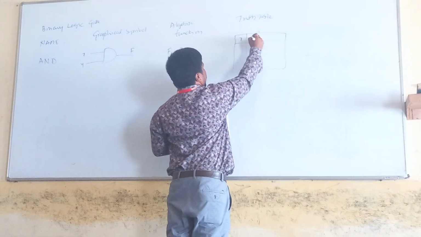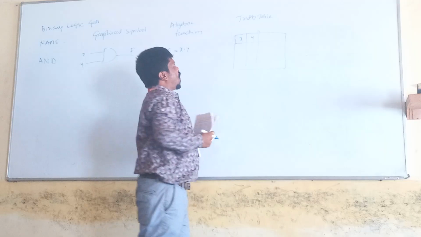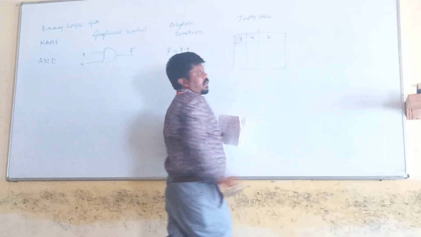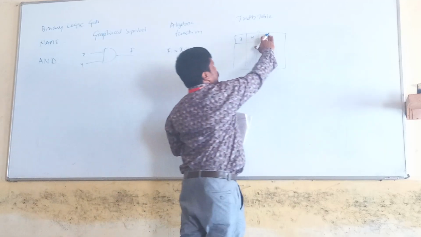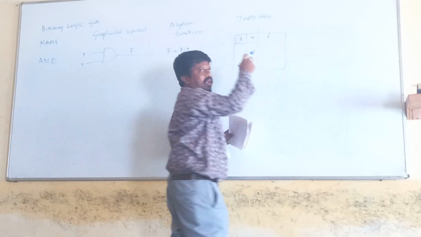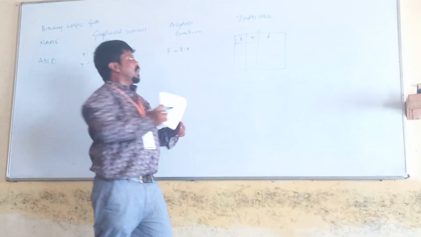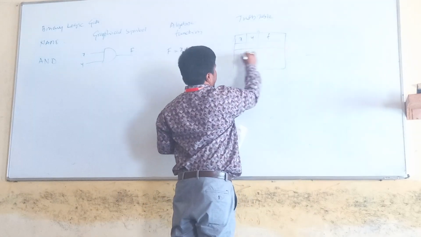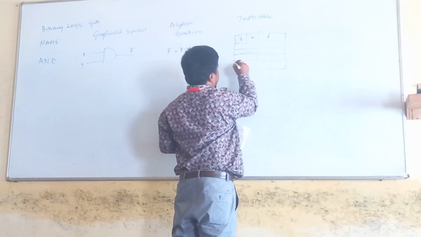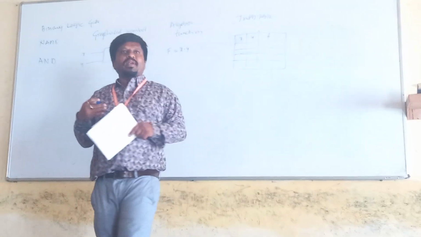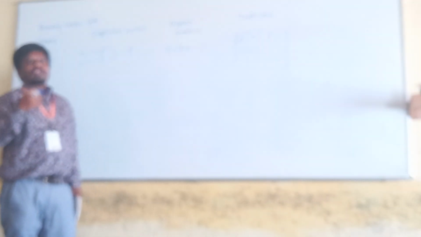Variables are represented in the columns, X and Y, and the output is also in a column. The rows represent the combinations of the input variables.